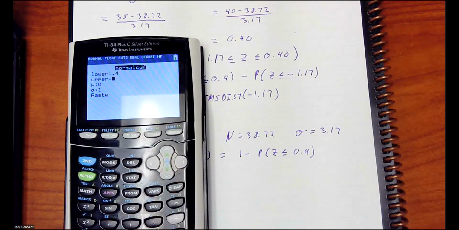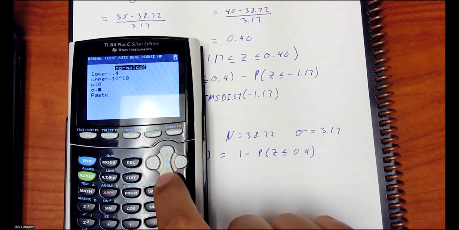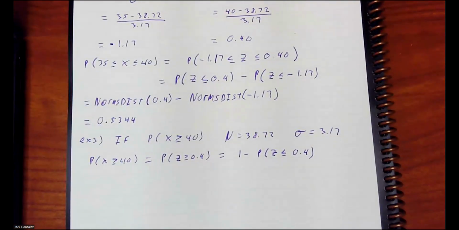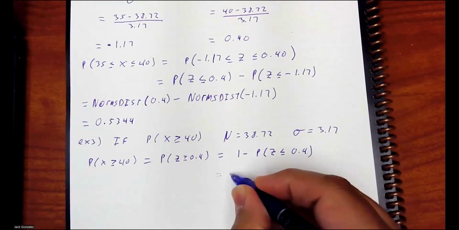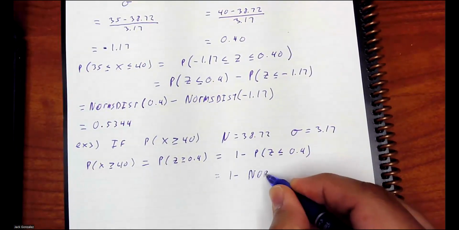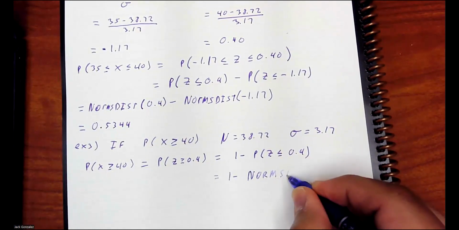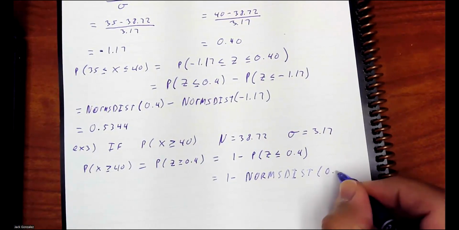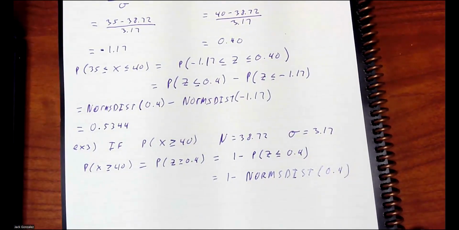So the upper would just be something humongous because you go to the right forever. In Excel, this would be found like this.